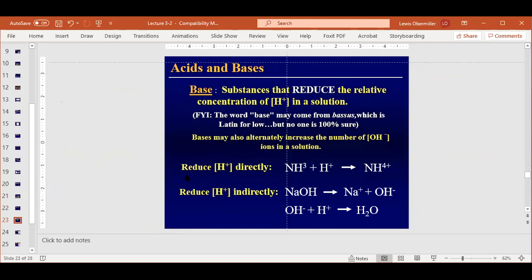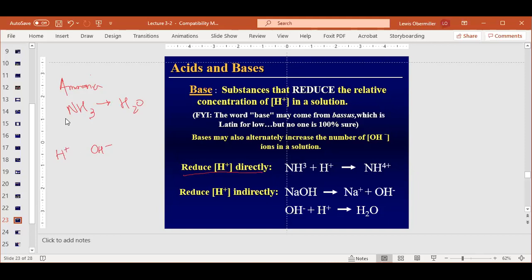We can also reduce the number of H pluses. So if we poured ammonia, which is NH3, into water, remember water dissociates to a specific amount of OH and H pluses.